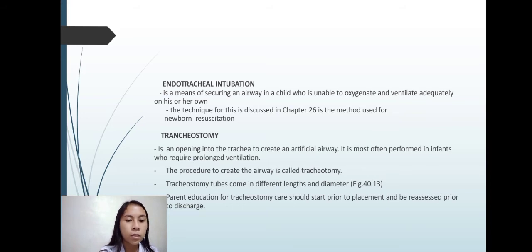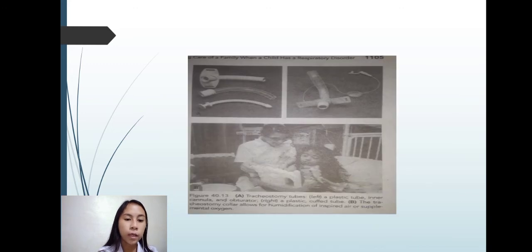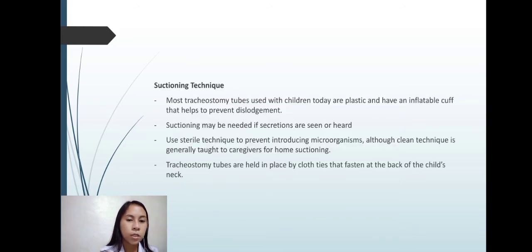So parents' education for tracheostomy care should start prior to placement and resume prior to discharge. So, suctioning techniques.